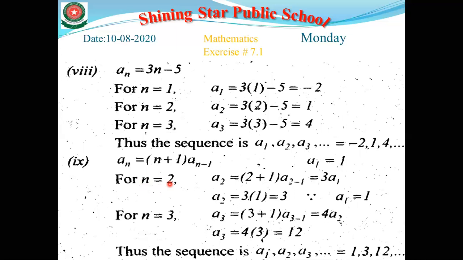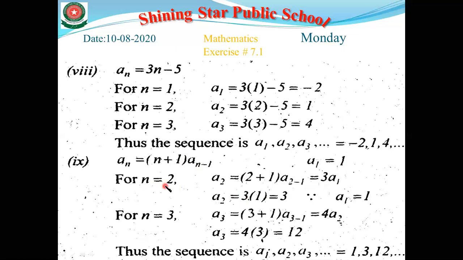Because in our question we have an equals (n plus 1) into a(n minus 1), and we also have the value of a1, meaning the first term is given, and we have to find the second term and third term. So simply we put n equals 2.